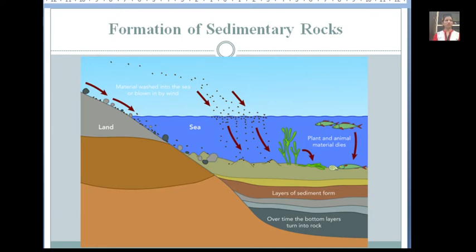Or we can say that the rocks in which we find organic materials are called organic sedimentary rocks. These can also be divided into three parts: calcareous sedimentary rocks, carbonaceous sedimentary rocks, and chemical reaction based sedimentary rocks.